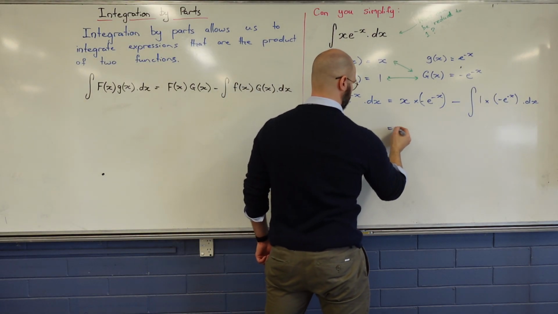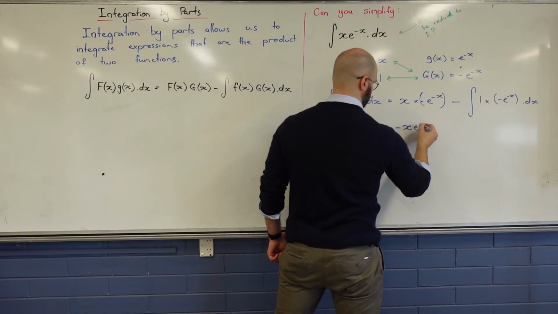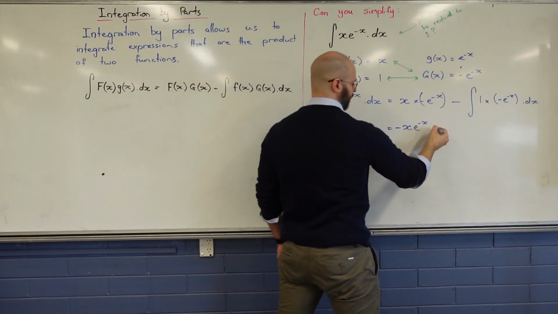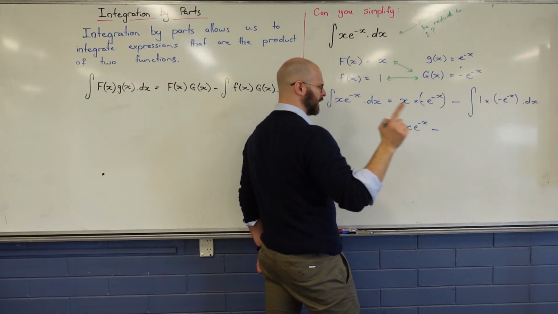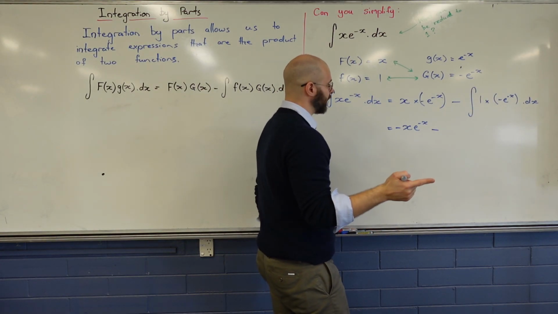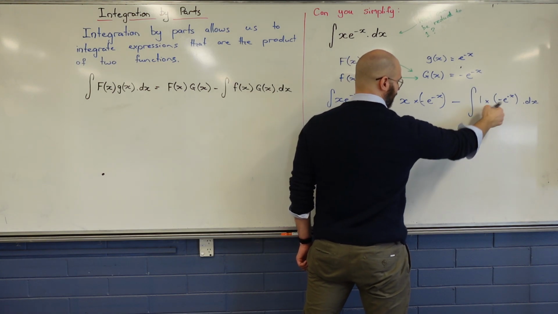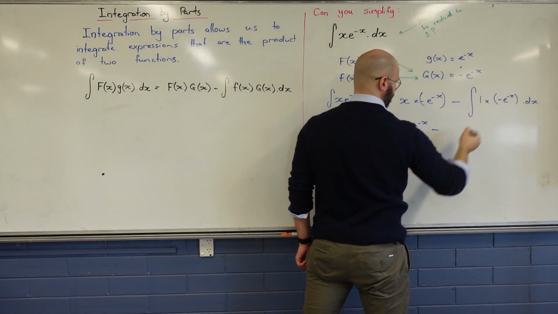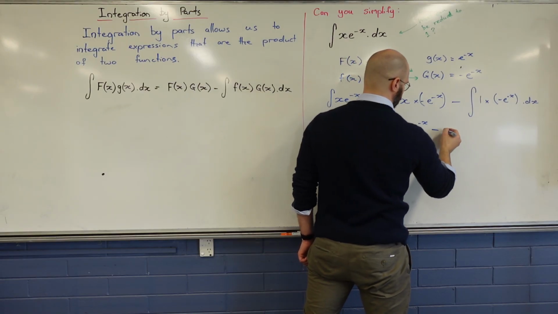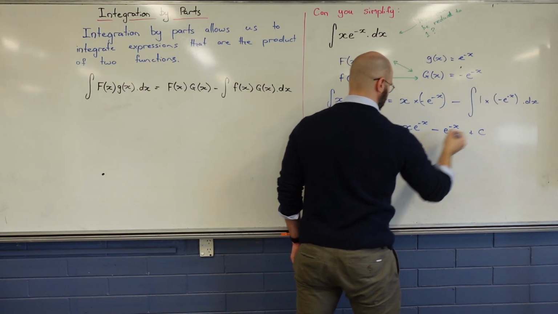Next, we simplify this out for a multiplication. Negative x e to the negative x, take away. And then, can we integrate this? What would it be? It would be negative e to the negative x, plus c.